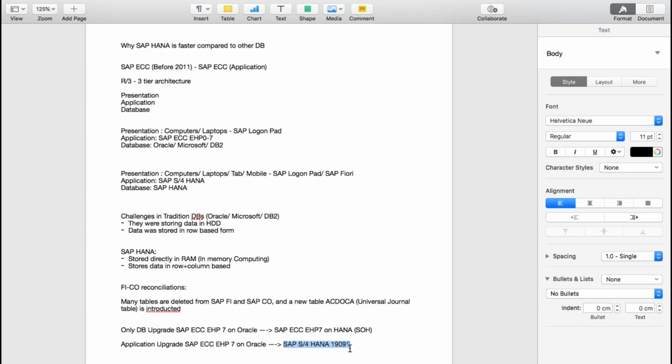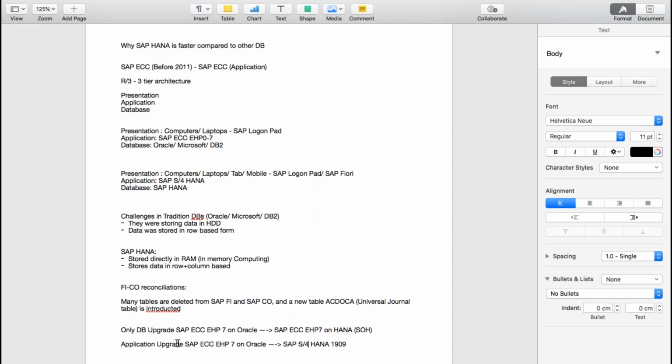But Vikram, how is the upgrade possible? Because ECC EHP 7 is based on different criteria, right? What do you mean by different criteria? It means that the architecture of that particular old version is completely different from HANA. Exactly. So when you upgrade, that old architecture will be replaced by the new architecture.